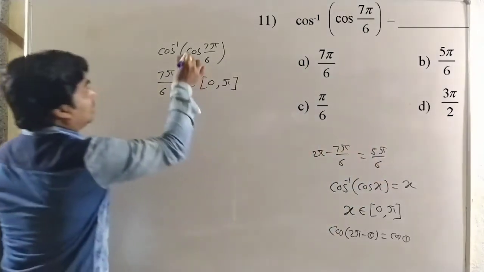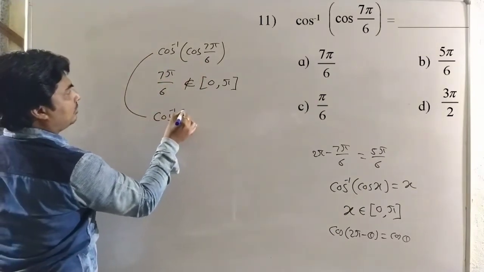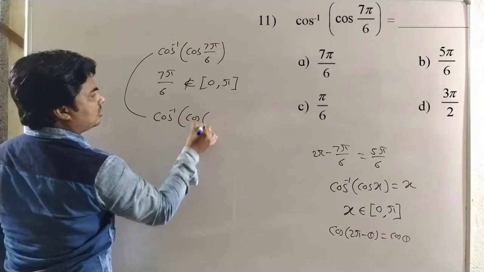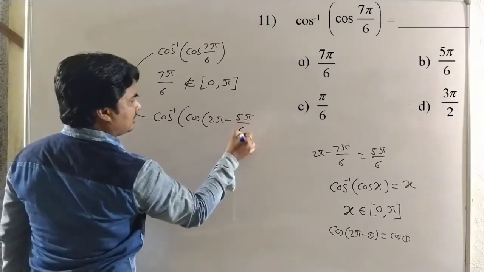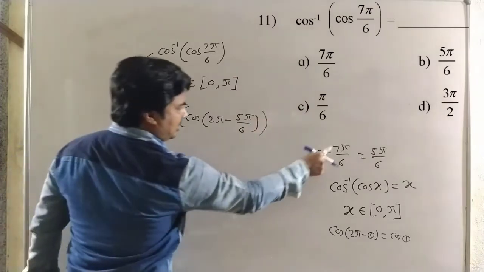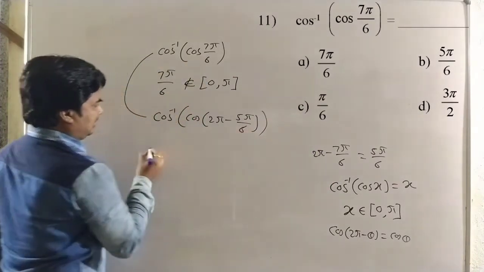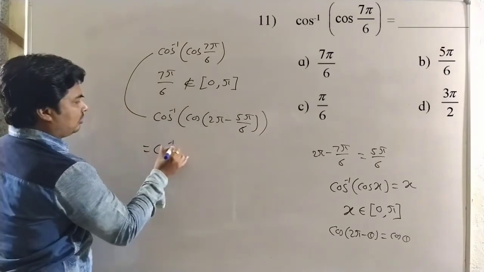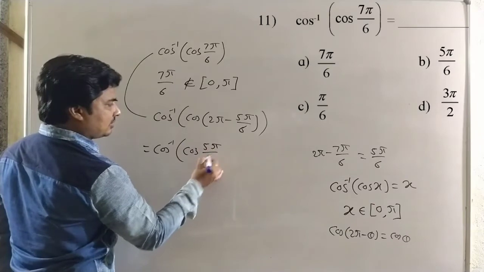Therefore we can write cos inverse of cos of 2 pi minus 5 pi by 6. Here 7 pi by 6 is equal to 2 pi minus 5 pi by 6, and then it is cos inverse of cos 5 pi by 6.